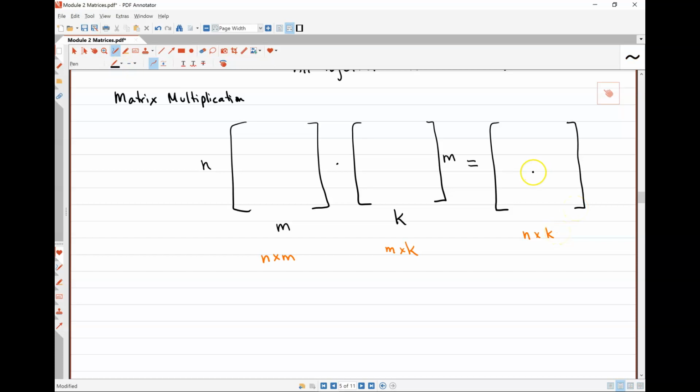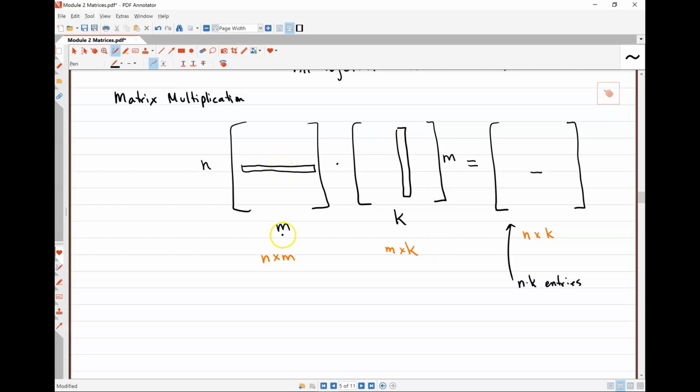Now there are n times k entries. For every single one of those entries, we're going to have to carry out an operation where we take a row of entries in the first matrix and a corresponding column of entries in the second matrix, and then we multiply and add along those. So how many multiplications are we going to do?